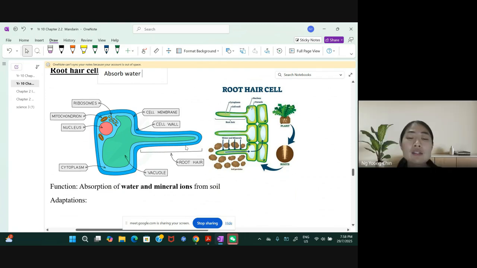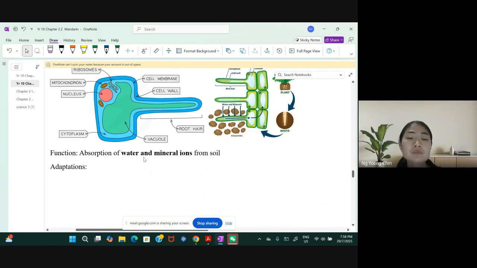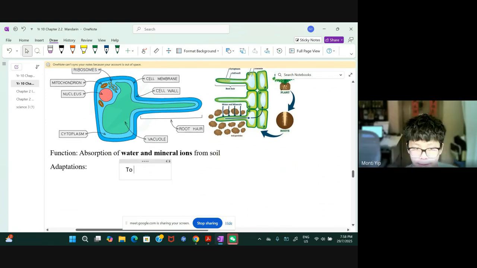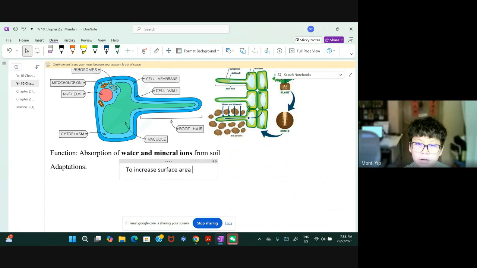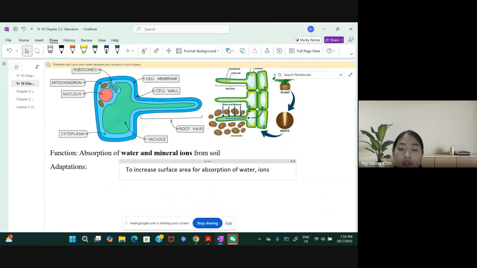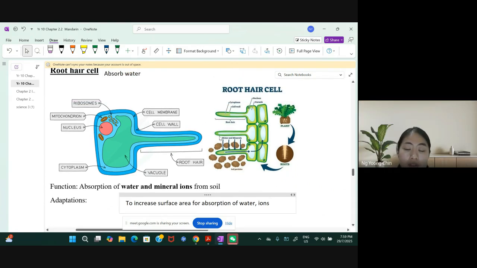The reason is to increase the surface area for water and ions. If you increase the surface area, you can allow more water and ions to enter.